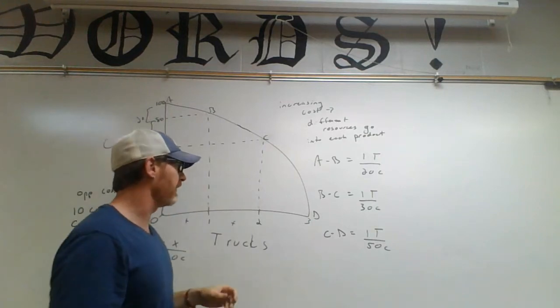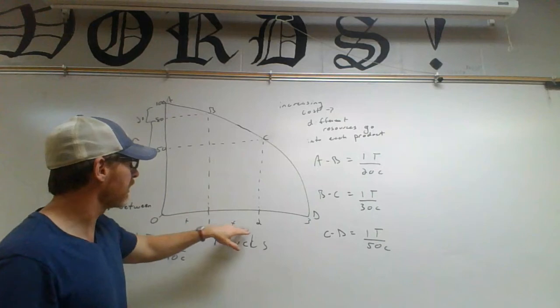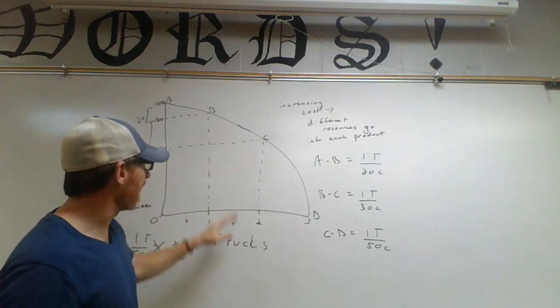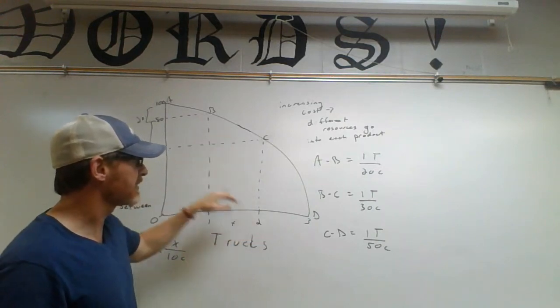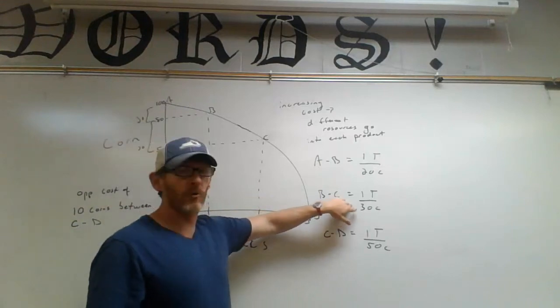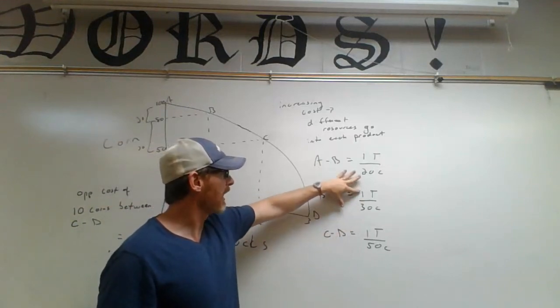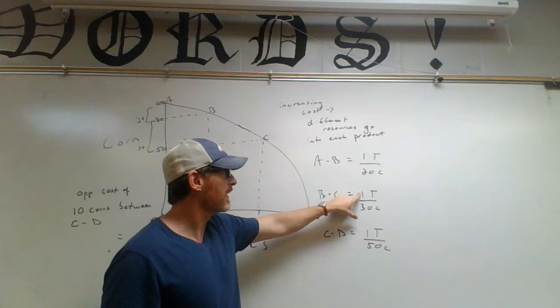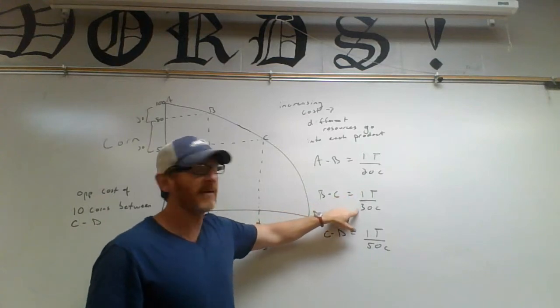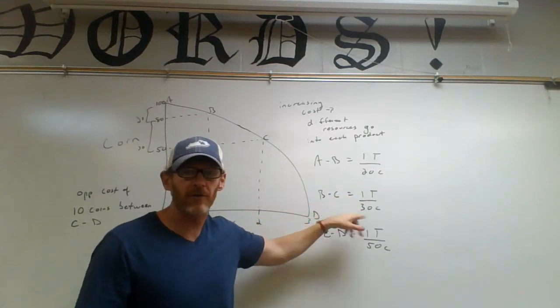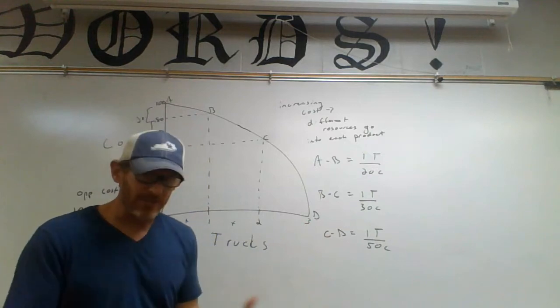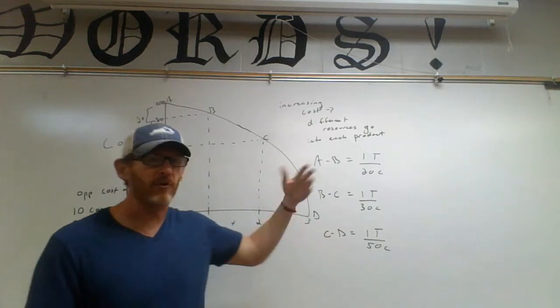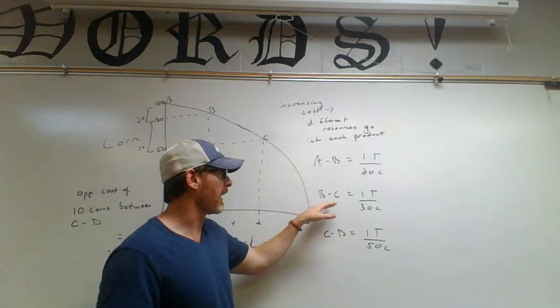And we can see the opportunity cost of gaining 1 truck between B and C, or to add our second truck, is 30 corns. We can also write it like this: 1 truck between B and C, 1 truck's resources are the same resources that go into making 30 corns, or the resources that go into making 30 corns would give you enough to make 1 truck. It can go either way.